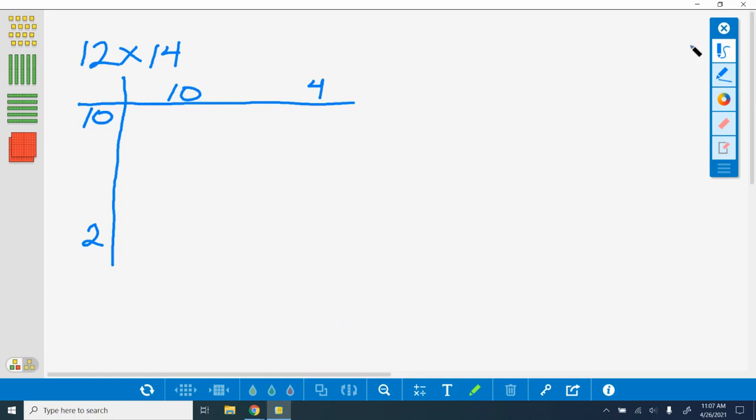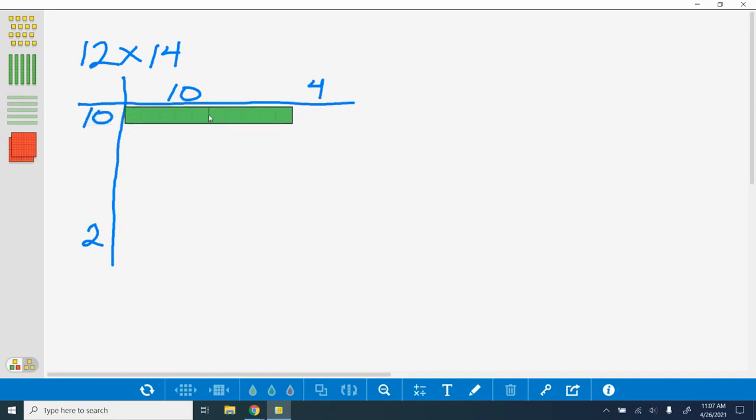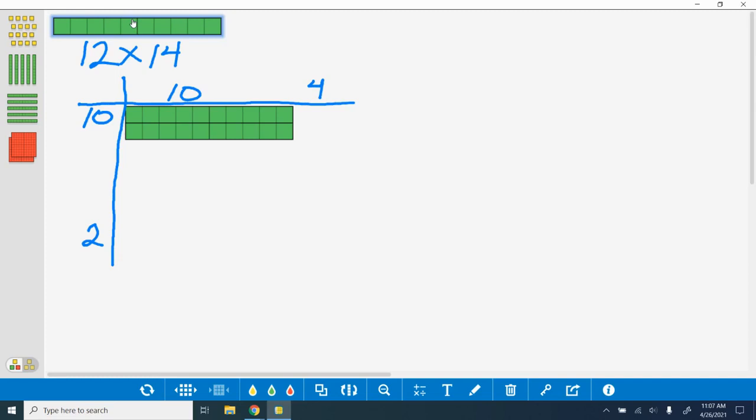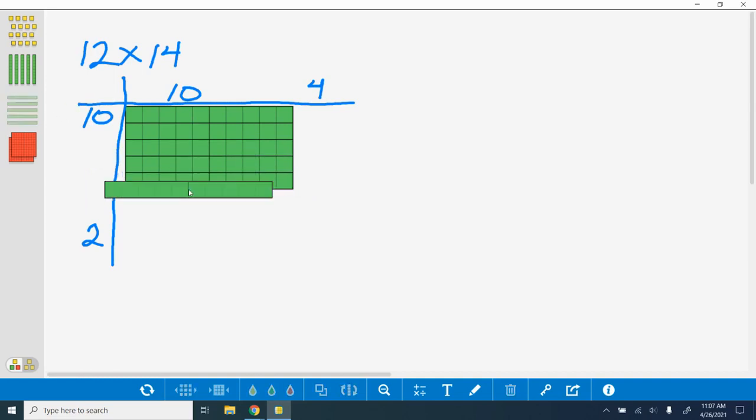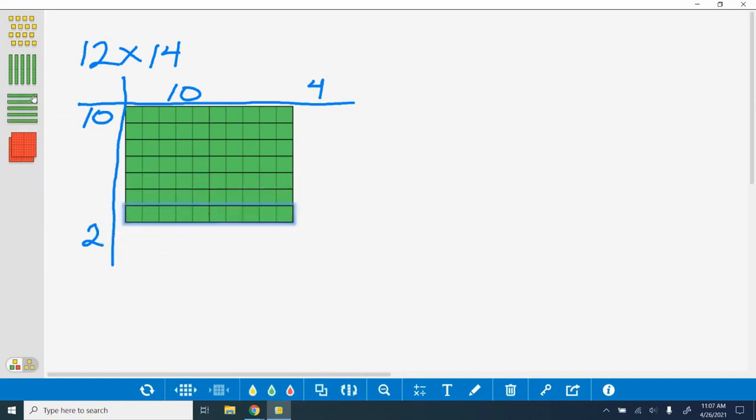Right. And now I want to go ahead and build my array. I need 10 groups of 10. Groups of 10.